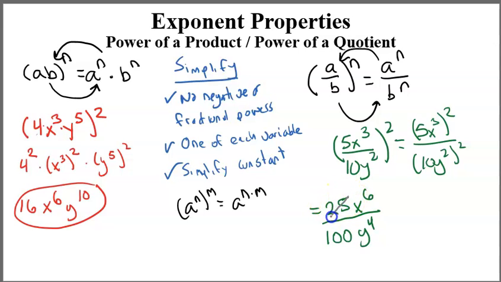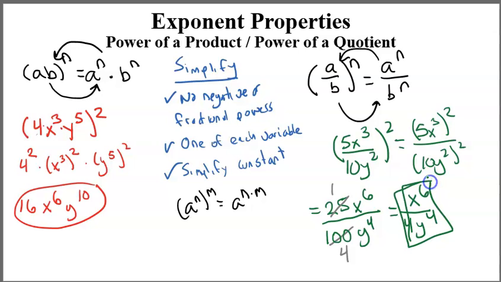So 25 goes into 25 once, and 25 goes into 100 4 times. We really don't write a 1 up here, so I get x to the 6 on top. In the bottom I get 4y to the 4th. And there is my simplified result.